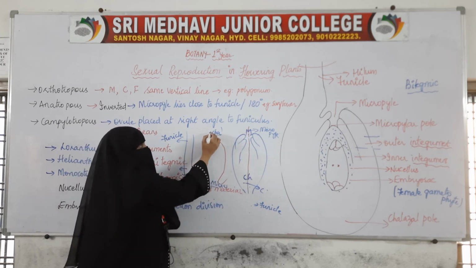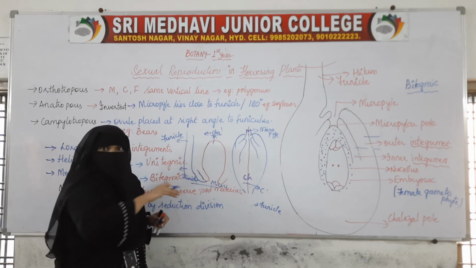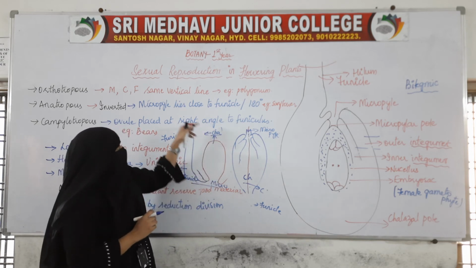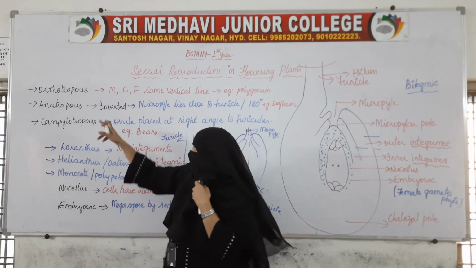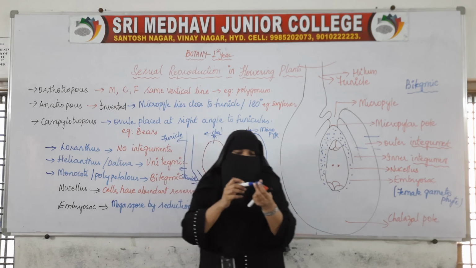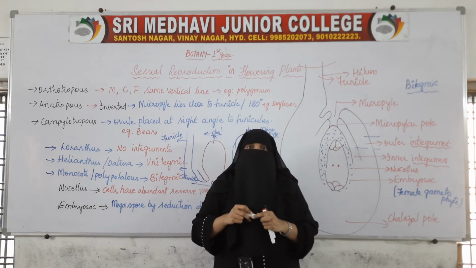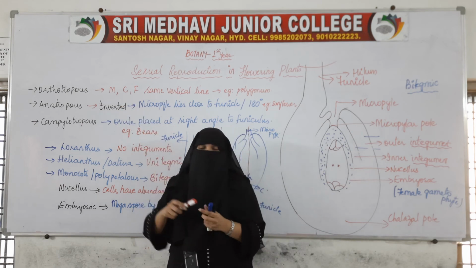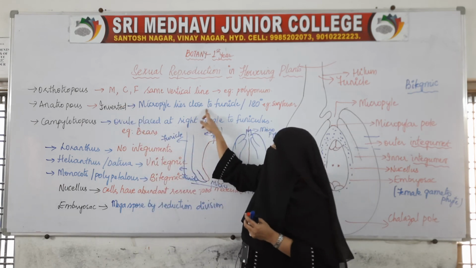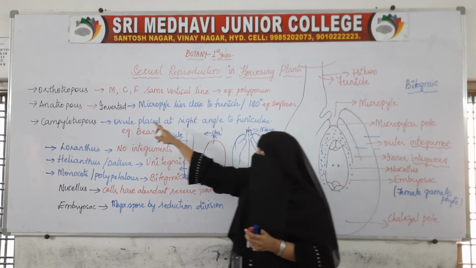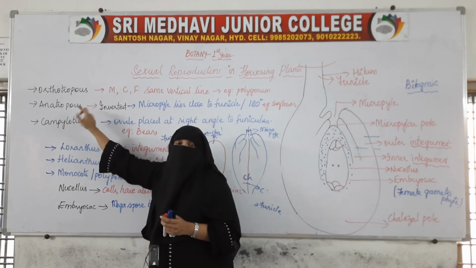Here chalaza is at the top, micropyle is at the base. So you just invert this one. So this is an inverted orthotropous ovule with the funicle lying very close to micropyle. Such type of ovule is called as anatropous ovule.